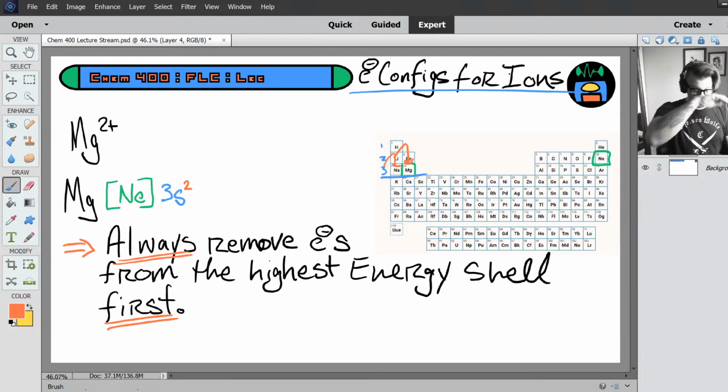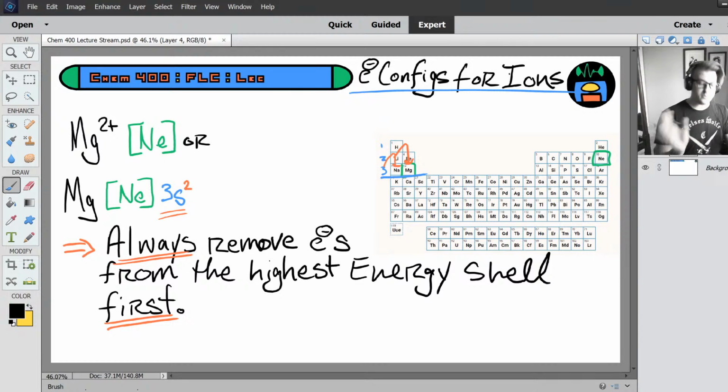All right? Always remove electrons from the highest energy shell first. Now, with magnesium, that highest energy shell is the 3s shell. We need to lose 2 electrons. So you could say that magnesium 2+ has an electron configuration of just neon, which is acceptable. You could say it's just all the electrons for neon.